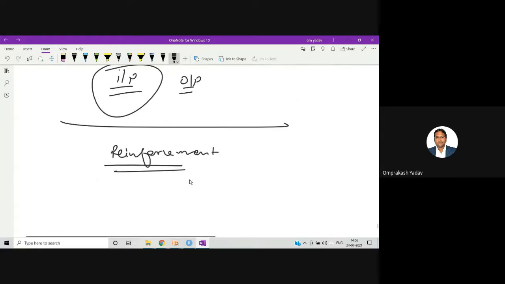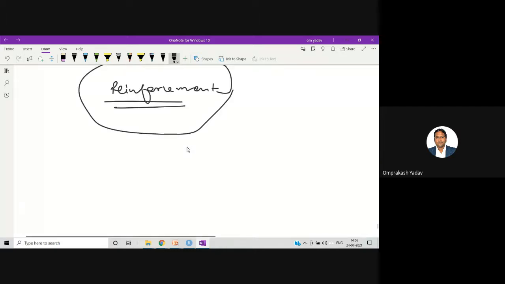So in reinforcement learning, what happens? Many times we don't have the full data. Partially we have the input set, or partially we have the output set. In that kind of scenario, we can use reinforcement learning. This is also one kind of supervised learning, but here it will not correct you. In fact, it will give you some kind of critic information or rewards.